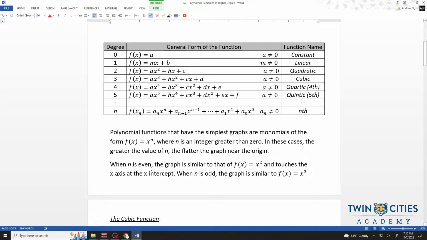When n is even, the graph is similar to that of x squared, and it touches the x-axis at the x-intercept. When n is odd, the graph is similar to x cubed. This, of course, is just considering these more basic functions. As you add more transformations to this, of course, it'll change a little bit more.